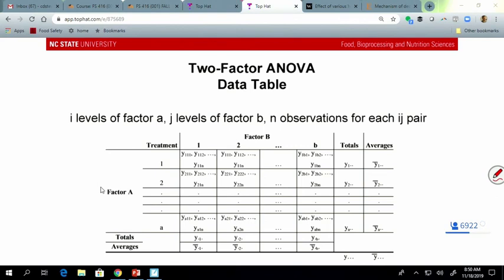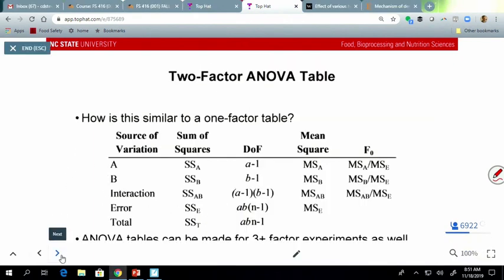Holy cow, it is very meticulous. And you would need to figure out how many degrees of freedom there are within factor A, factor B, and the interaction effect, because I'm going to divide the sum of squares by that to get the mean squares. And then I'm going to divide this mean square by this one, and it's a lot. So thank goodness for computers. Okay, but you get the idea.